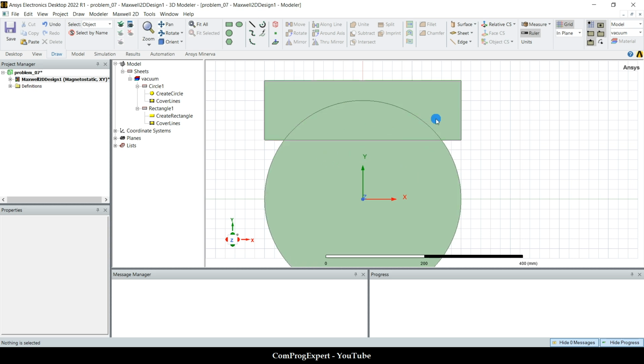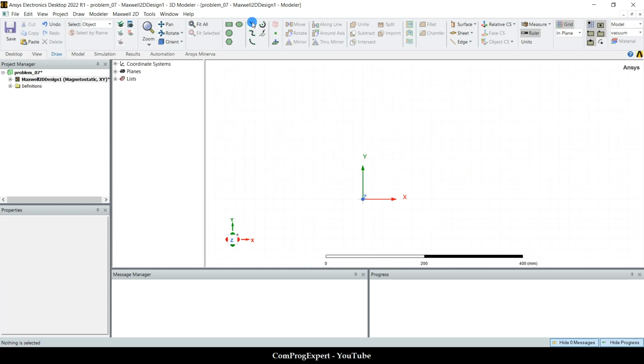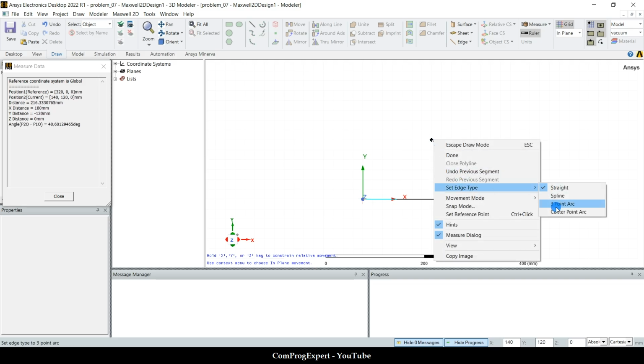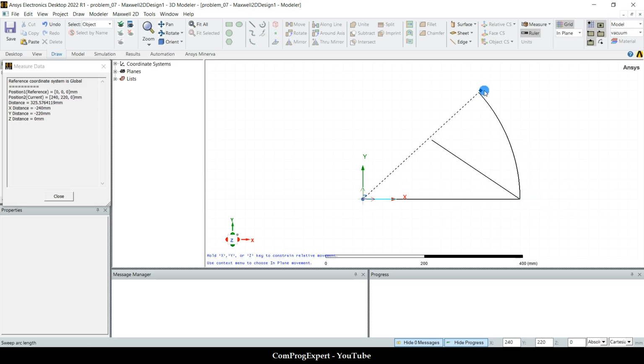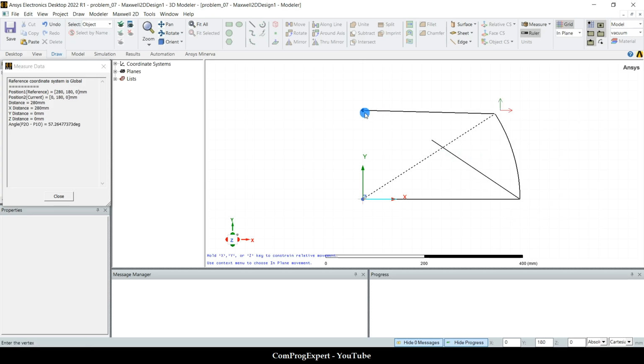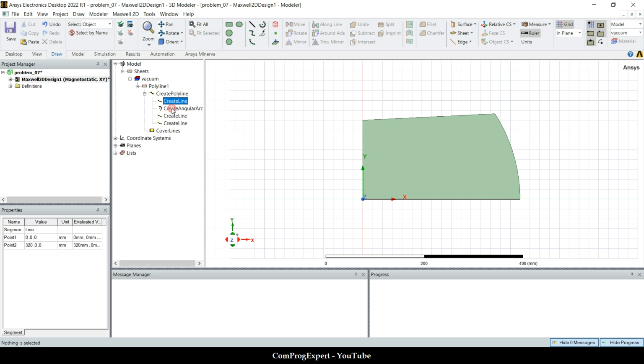So this is the procedure, but I think this one is better. Let's draw a line, a center point arc, again a line, and close it. Why? Because we can adjust this angle. Okay, so this is easier.